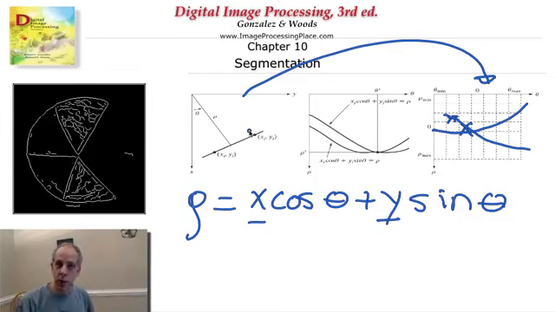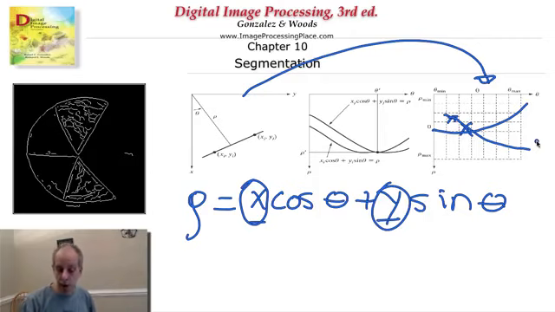So let me just run you through the pipeline again. You start from the image and you do an edge detection. Every point, some of them in the lines that you care about, some of them outside, defines an equation like this. Every point gives you the xy coordinates. So you go into the accumulator space and you vote, sinusoidal votes.